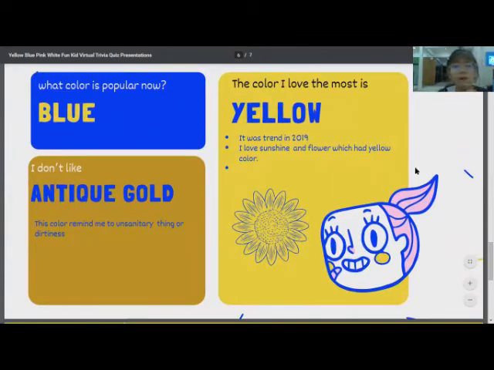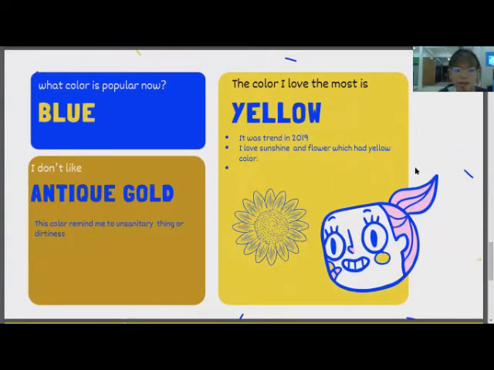So, what color is popular now? It is blue. The color I choose and love is yellow. This was written in 2019.